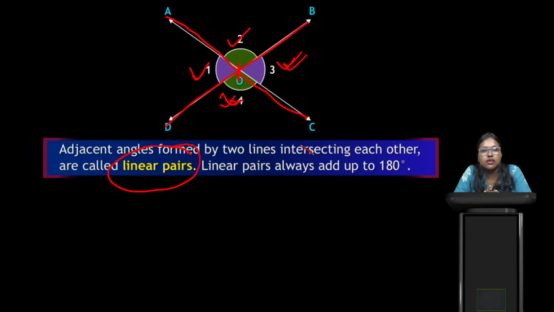Adjacent angles formed by two intersecting lines are called linear pairs. Why? Because if you add both the angles, you will always get 180 degree. These two adjacent angles form the straight line. That's why they are called linear pair.